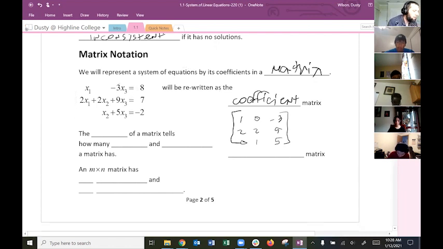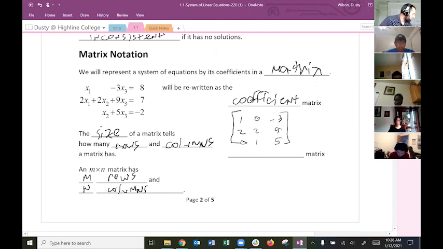Okay. And the size of the matrix tells us how many rows and how many columns the matrix has. So an M by N matrix always has M rows and N columns.